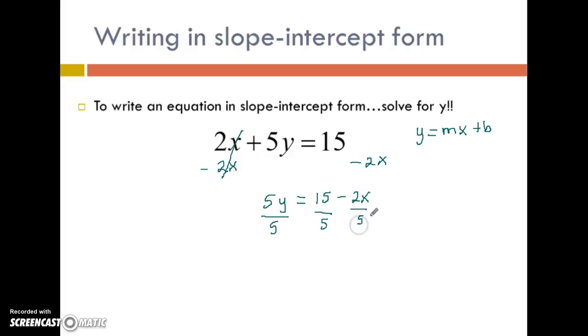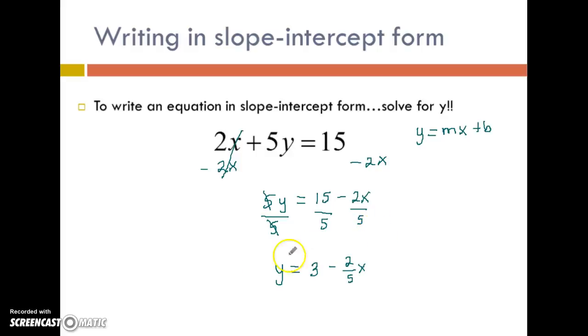It's like using the distributive property backwards. So 5 divided by 5 cancels out, and you're left with y equals 15 divided by 5 is 3. And a minus 2 divided by 5, leave that as a fraction, so a negative 2/5 x.